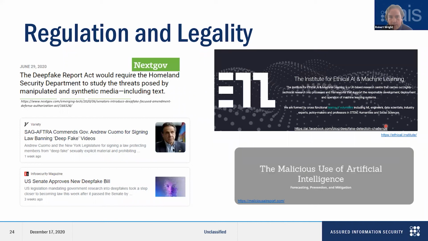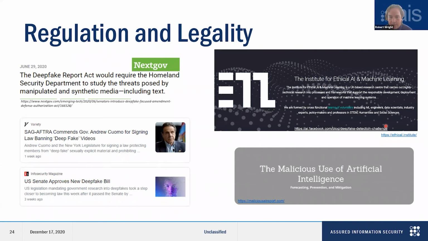And then finally, or not finally, another avenue is the regulation and legality. This is a threat that the US government and different organizations across the world are paying attention to and trying to actually address.